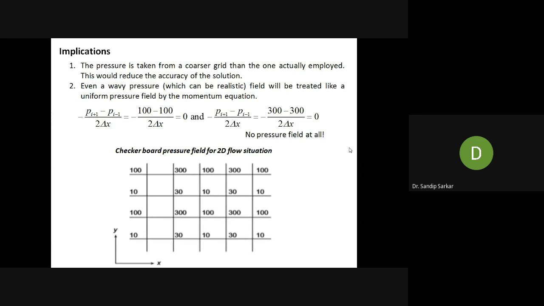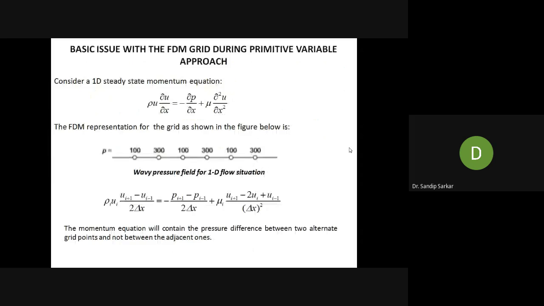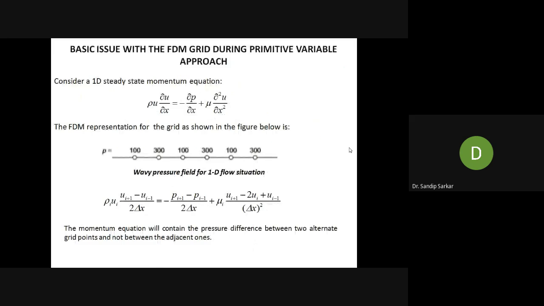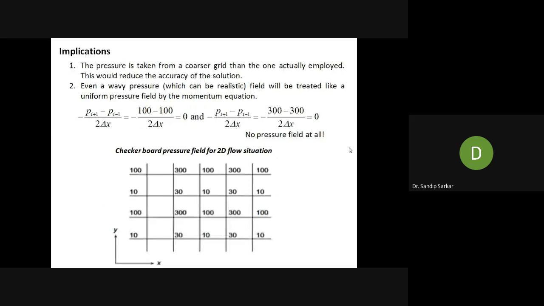That is the primary problem of this primitive variable approach, when we come across this kind of checkerboard kind of pressure field, or checkerboard kind of velocity distribution, particularly pressure distribution, in the flow domain.